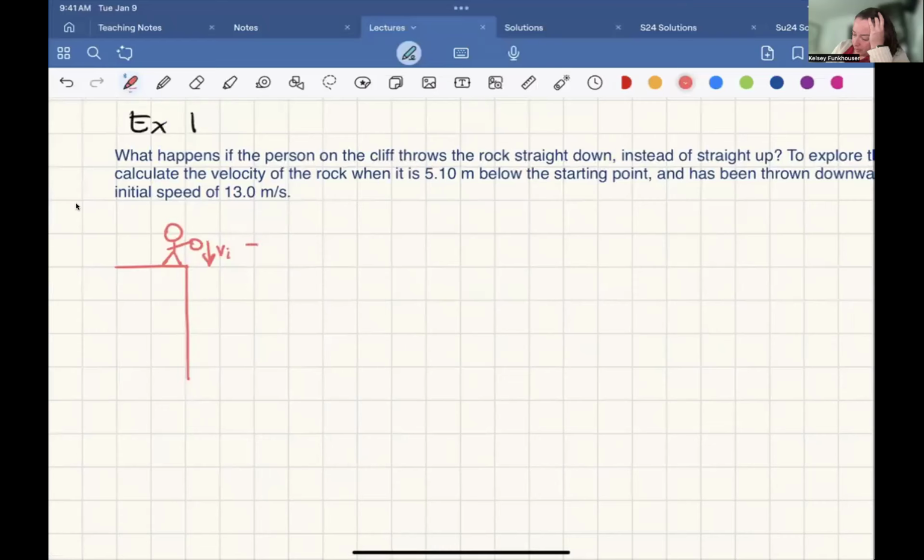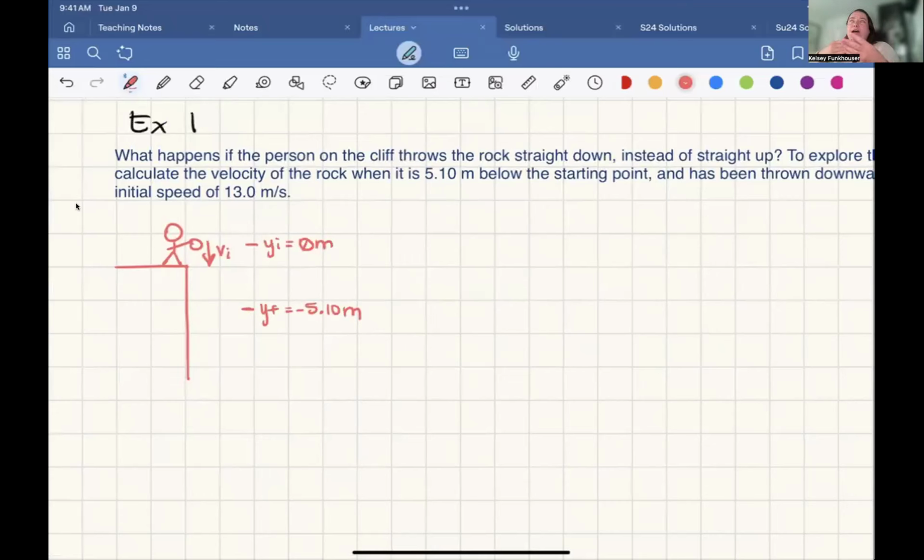So one thing we can do is label our initial position, y initial, just like at the top of the cliff. And we'll say that is 0 meters. And then we're looking for when it gets to y final, which we will give a negative 5.10 meters. And this is just because we set the origin above this, going below. The signs will work out in the end.